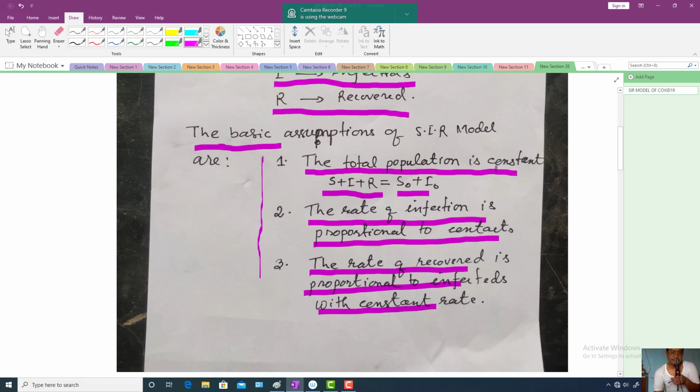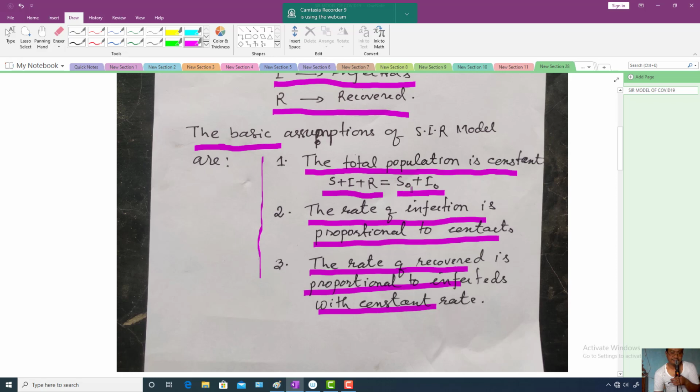Okay, that means we are going to assume that the pandemic is happening in a very short time, because if the pandemic lasts 10 years or 20 years, the population is not constant. So the population is constant for a maximum of 3 months, 4 months, 6 months like that. At any instant of time the total population S plus I plus R is equal to a constant.